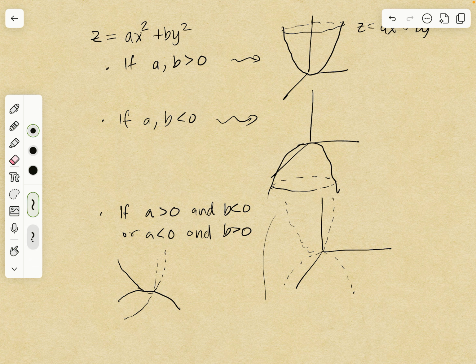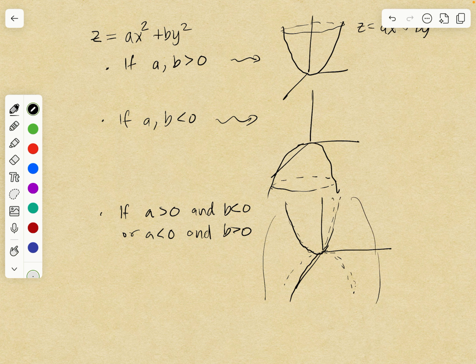Okay, let me try one more time. This is where technology can be really useful. Actually, this picture might be the better one. It's this kind of shape like this. Oh yeah, this is looking better.